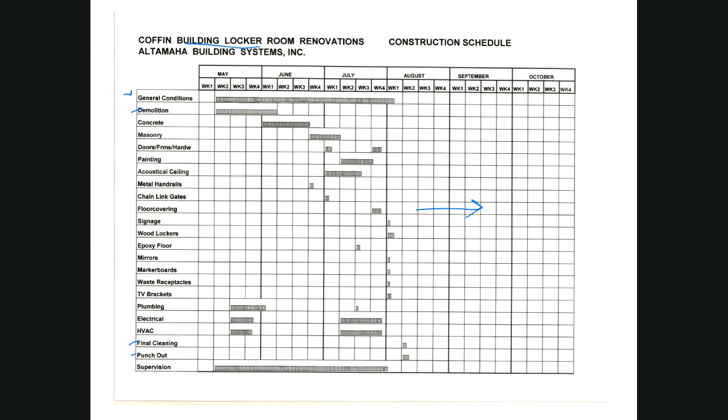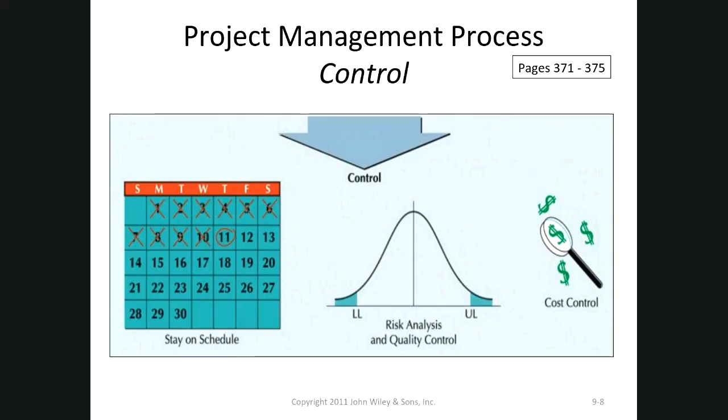This is a Gantt chart in this case. So the planning, scheduling, and then control. The control is: are we on schedule, as I mentioned previously, or are we delayed? What's the risk?